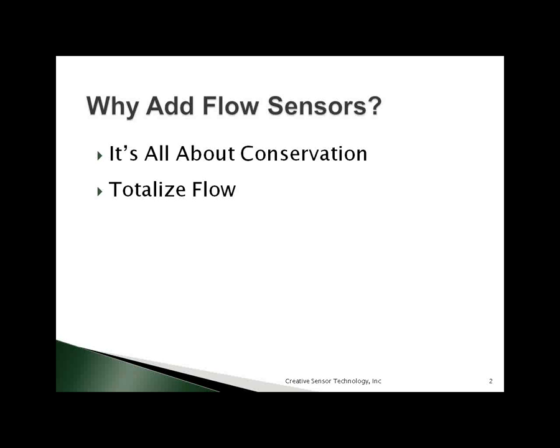And as a flow totalizer, what you gain with a flow sensor is the ability to monitor your progress, how much water you're using, and then use that data to compare it with past performance, maybe before you initiated some retrofits of different kinds of nozzles or different kinds of control schemes. It gives you a basis of understanding whether or not your ET-based system is actually saving water, because it's giving you a total. So those are the kinds of things that we get out of a flow totalizer.